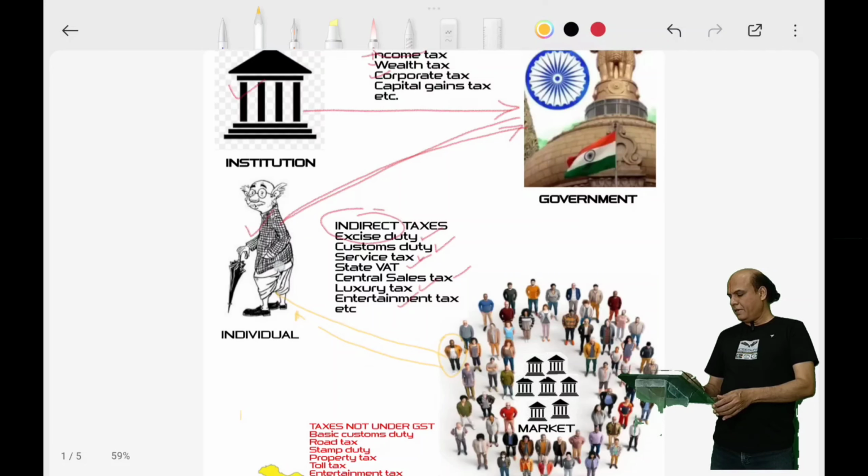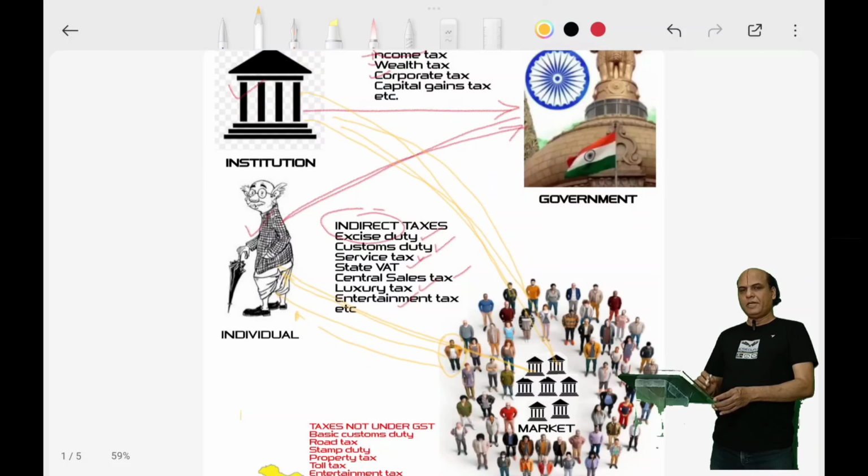If he is selling services to an institution, he will collect tax for that. Likewise, an institution selling something to an individual in the market will collect tax. If it offers some service to an institution, it will collect tax.